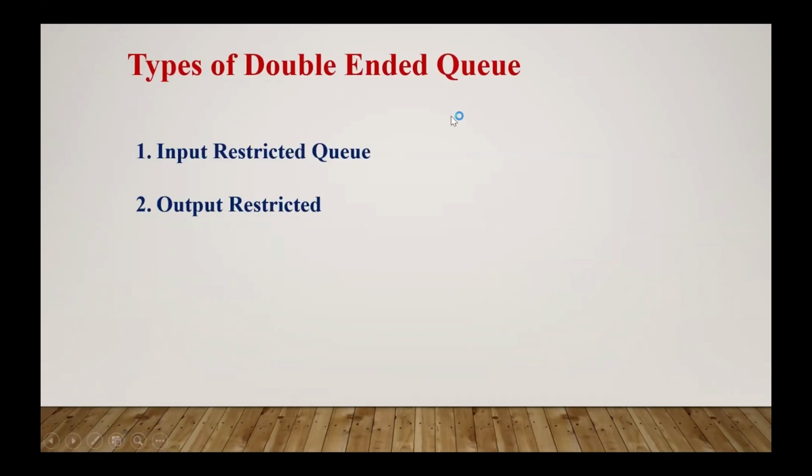Next is the types of double-ended queue. Double-ended queue means both ends. Now, what are the categories? There are two types. The first one is input restricted. Here input is restricted, meaning both ends cannot be used for the insertion operation.